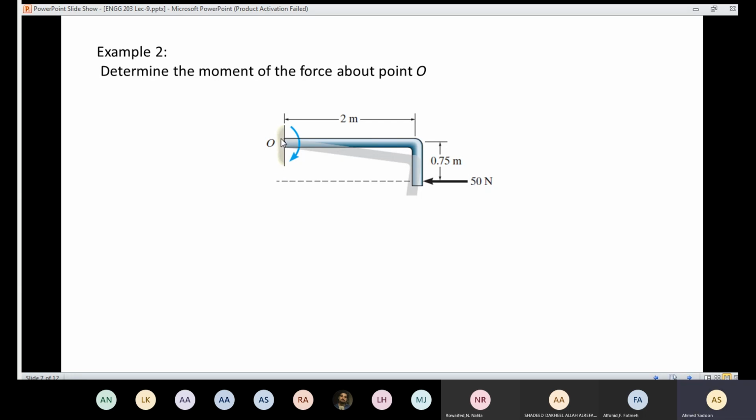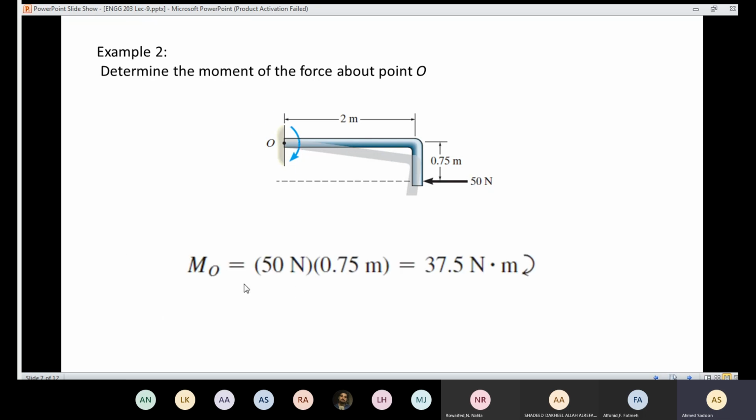So I'm going to say that the distance from here to here represents the perpendicular distance d, the moment arm. And here I have the force. So in order to know the direction, I'm going to imagine that I apply a force here, and as a result, the body moves from here to here, which means that the rotation is going to be clockwise.